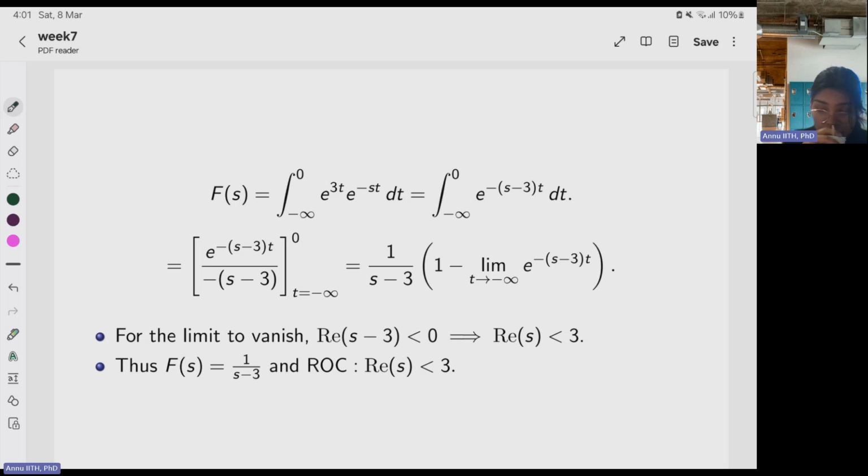So what I'm getting is 1 upon s minus 3, that is the denominator, multiplied with 1 minus the limit of t tends to minus infinity of e power minus t. So e power infinity is what? For the limit to vanish, the real part of s minus 3 should be less than 0.